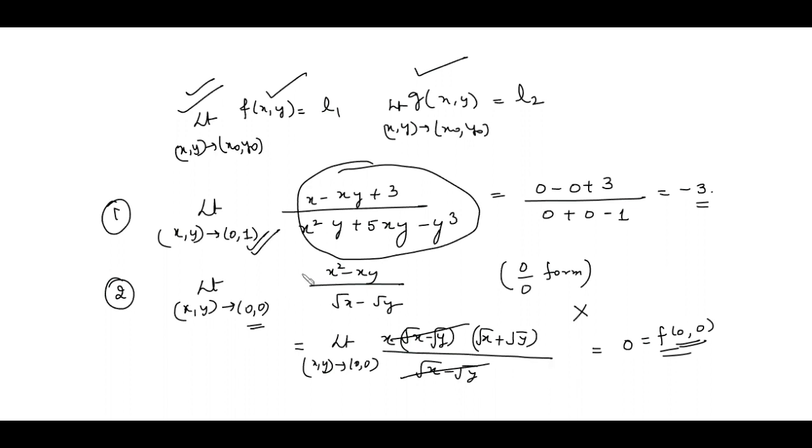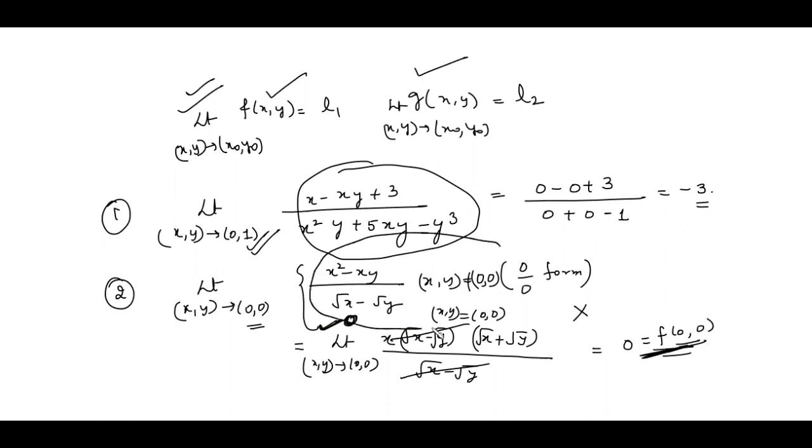But if we consider the function to be this, when (x,y) is non-zero, and at (0,0) your function is 0, now it becomes equal. The limit exists at this point. The value of the limit is the same as the value of the function at 0.